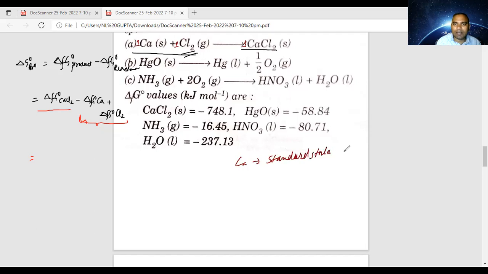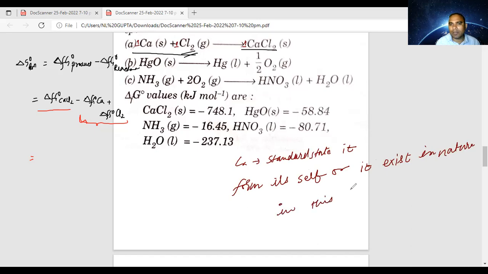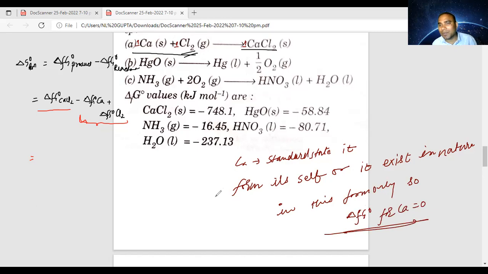Standard state means it exists in nature in that form only. So delta Fg naught for calcium is 0. You need to keep that in mind, because we are not going to prepare the calcium, it is itself present.